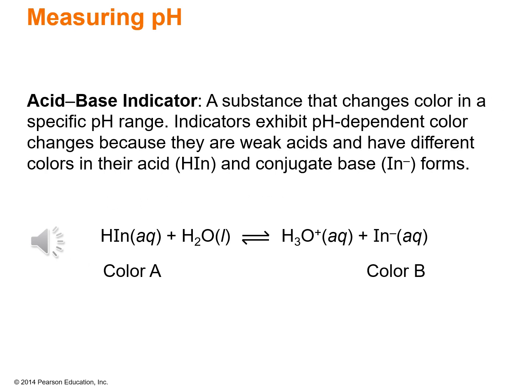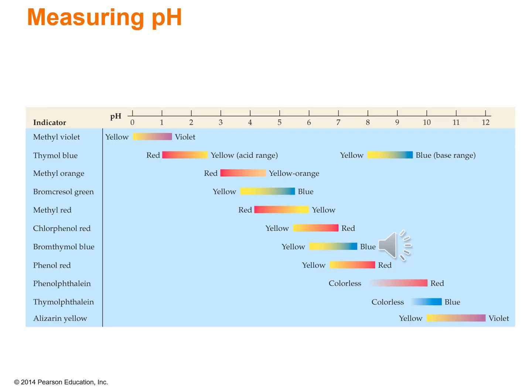Measuring pH usually involves some sort of acid-base indicator, as shown here in this reaction. Here are the common indicators that you might see in lab. Bromothymol blue changes color in the pH range of 6 to 7.6, from yellow in its acid form to blue in its base form.